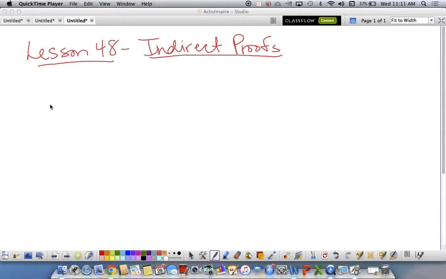Indirect proofs. What else do we call indirect proofs? If you've got notes, we've written some things about this. Proof by contradiction.